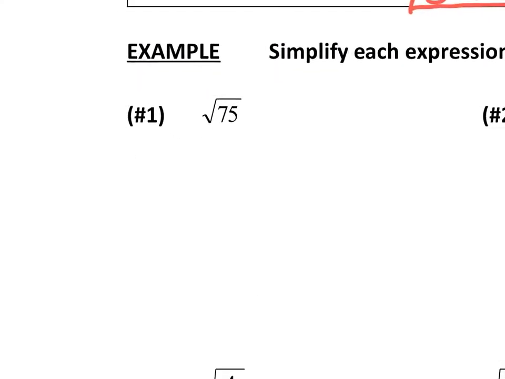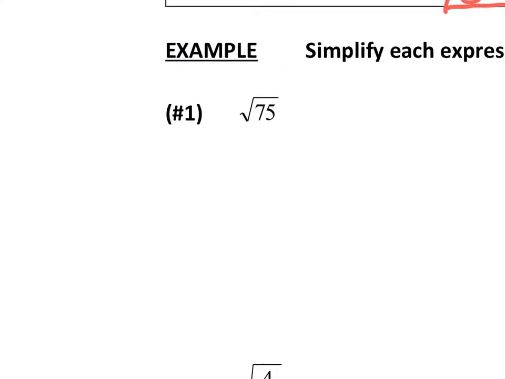So example 1, it says simplify the expression. So all of your perfect squares, I'm going to just list some over here. The perfect squares are like 1, 4, 9, 16, 25, 36, 49, 64, 81, and 100. So those are the numbers that we're going to look at.